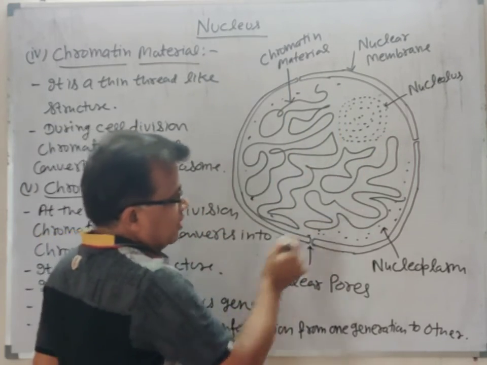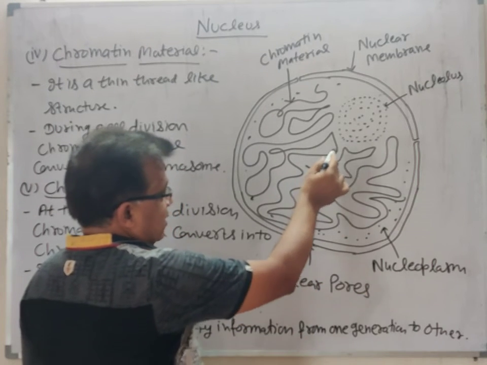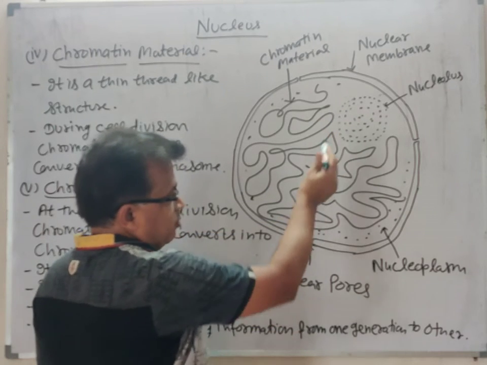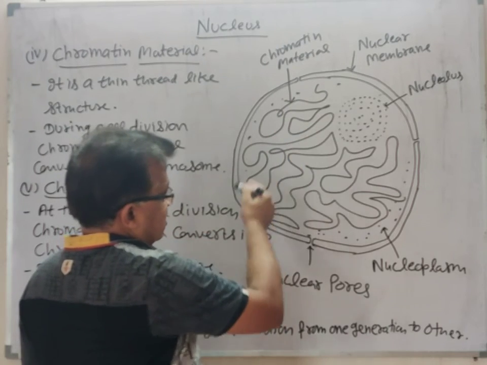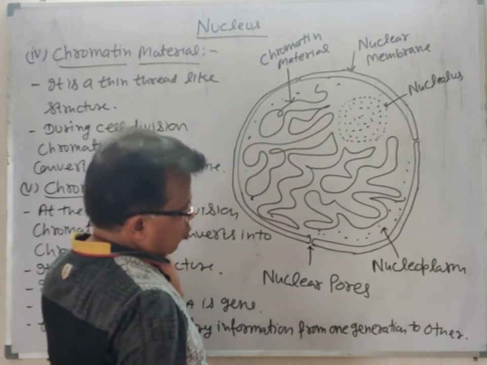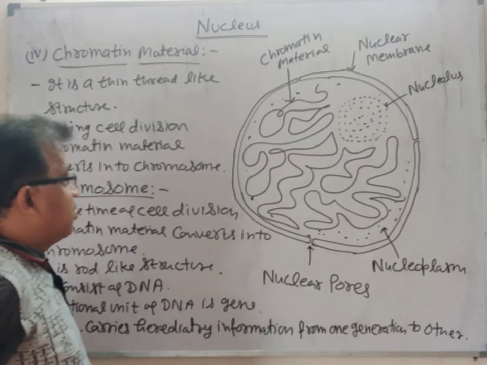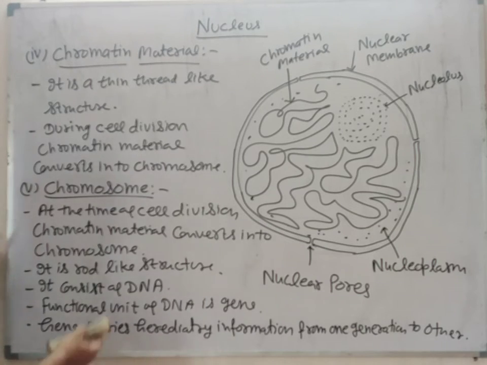Liquid present inside the nuclear membrane is nucleoplasm, and it has a round structure known as nucleolus, which prepares protein, and it has thread-like structure known as chromatin material, which converts into chromosome during cell division. Now in summary, that is about nucleus.